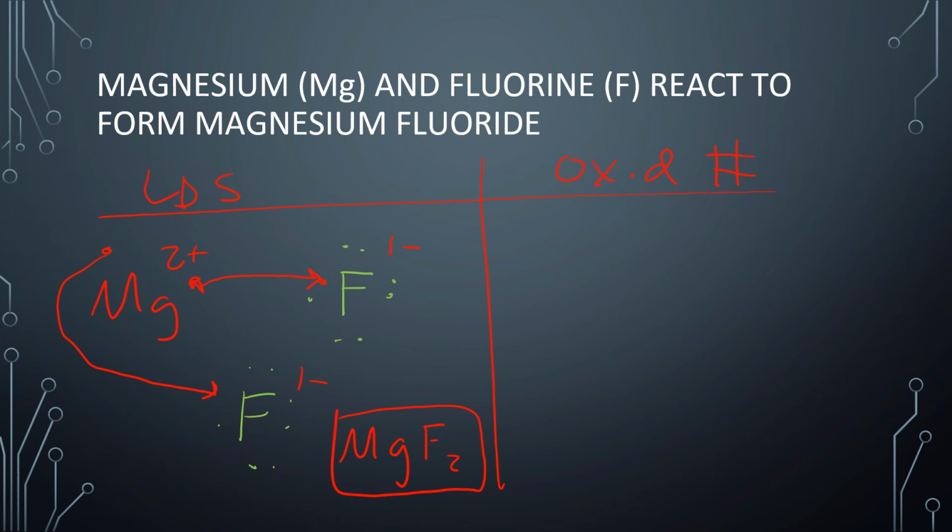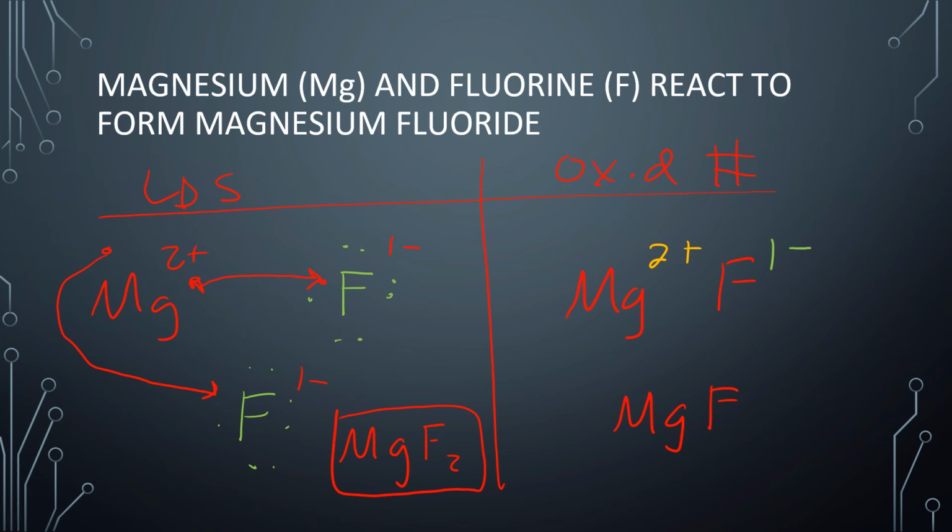So let's try the oxidation number method. Magnesium is a 2 plus ion, and fluorine is a 1 minus ion. When you're doing this, you just drop your symbols in the same order and crisscross just your numbers.